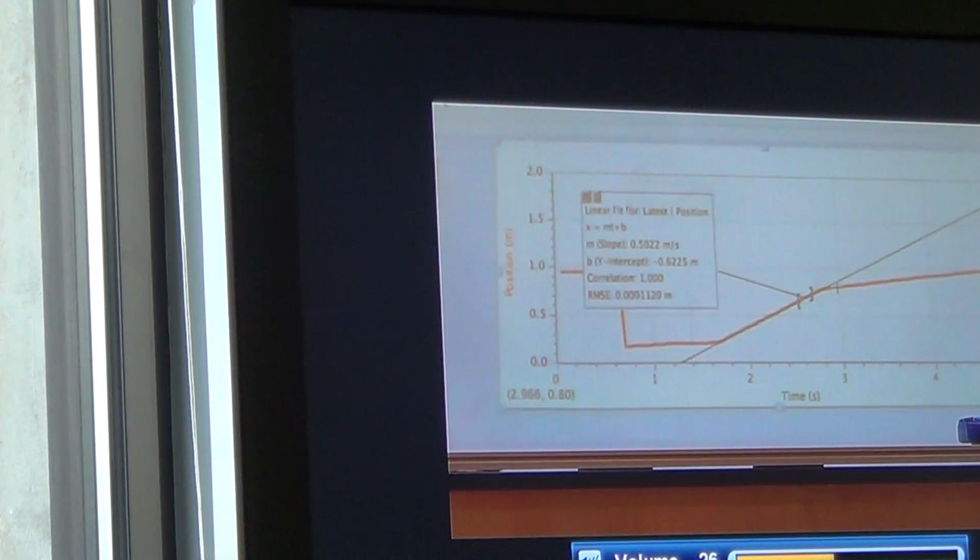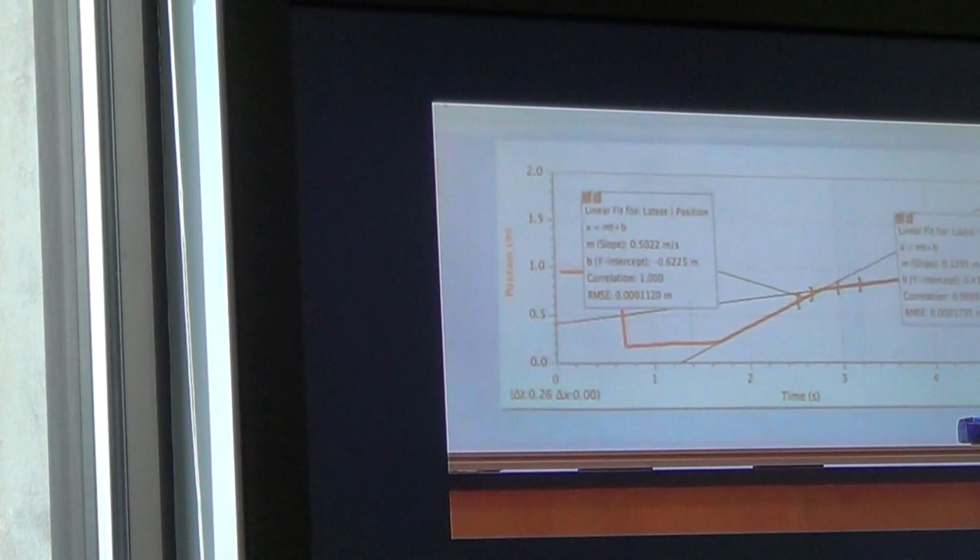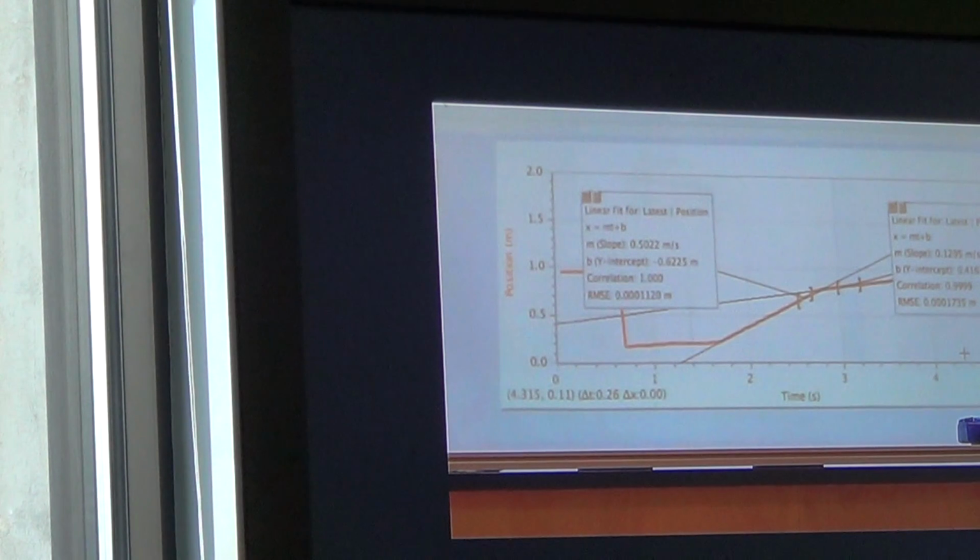After the collision, right around here, the speed of the blue cart and red cart was the same, and we can determine its speed by using the tools of this program. And what we find is that after the collision, the speed is then 0.1295 meters per second. This is roughly 1/4 of the original speed. This proves to me that momentum is being conserved.